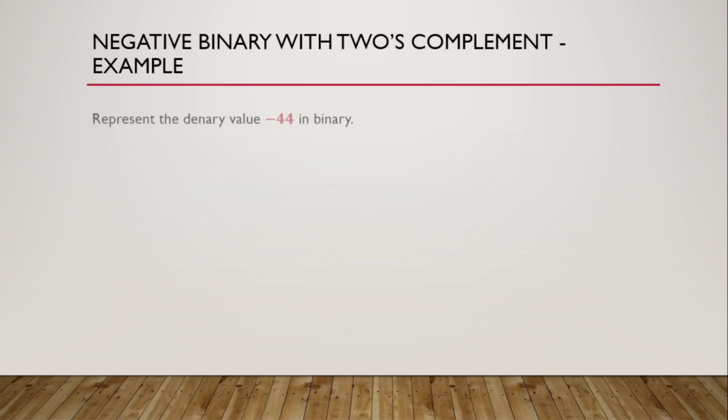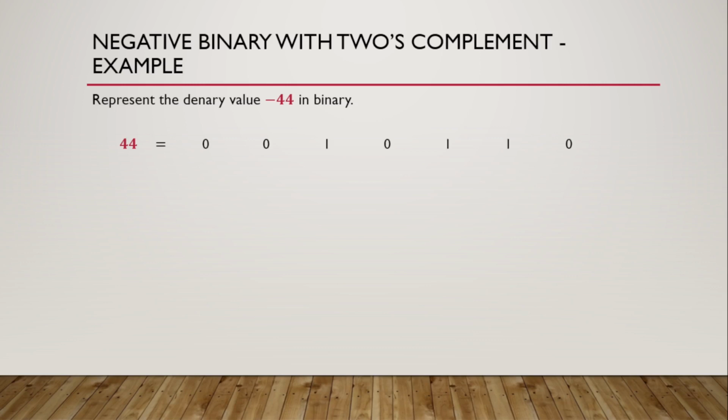Let's take an example. Let's convert minus 44 to binary. To convert this, we already know how to convert 44 to binary, and this is what we just did. Following our steps as recommended, the second step should be to invert. Inversion means that 0 becomes 1, 1 becomes 0.